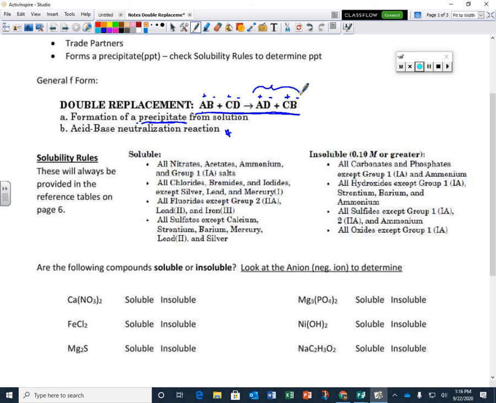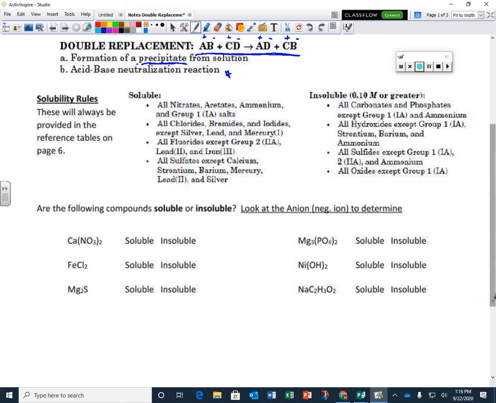When you are doing these reactions and writing them for me, you will always need to indicate the precipitate in your double replacement reaction. So what we're going to do to use the solubility rules is look at the anion, the negative ion of the compound, and then see what the rule is for its solubility.